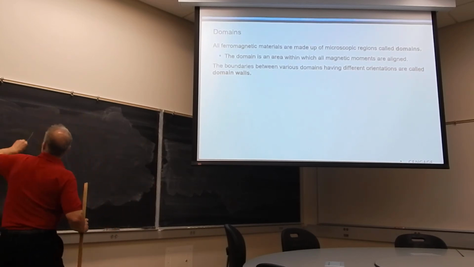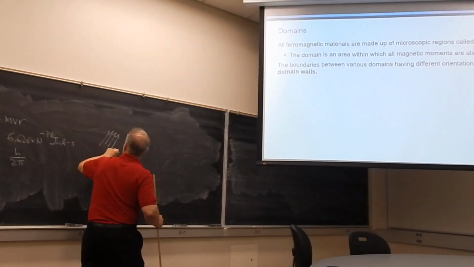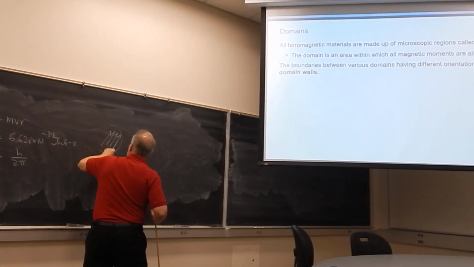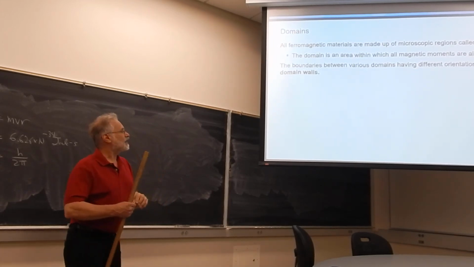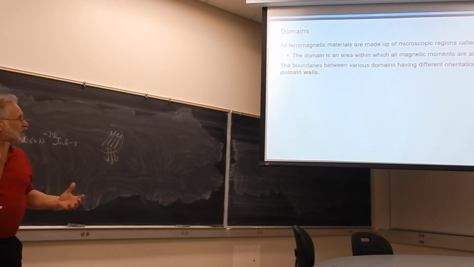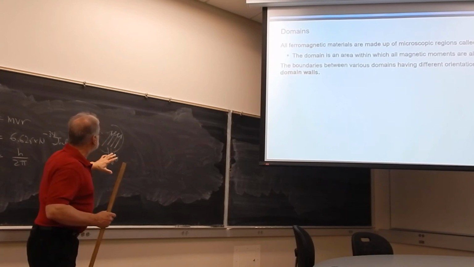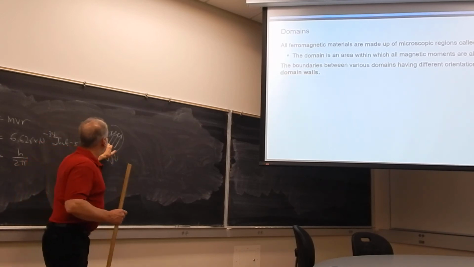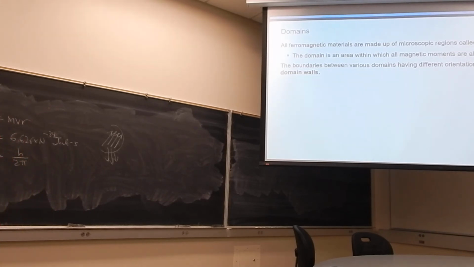You might have a bunch of strongly aligned spins in this direction in one region of the material, and then you may have another part of the material where they're aligned this way, and so on and so forth. Not all of the spins will be aligned exactly the same way in the entire material, but you'll have these domains where the alignments take place and will be separated by domain walls. This is a characteristic of ferromagnetic materials.